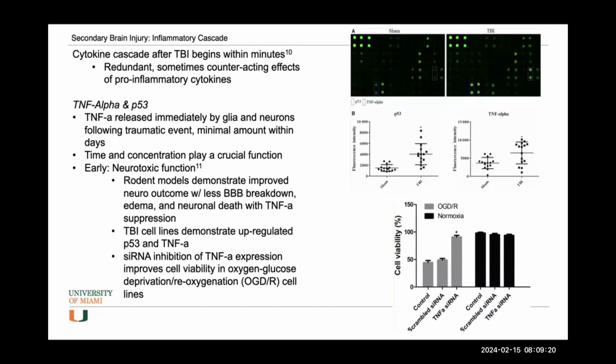So in cells that undergo oxygen glucose deprivation and reoxygenation injury, similar to focal ischemia after a traumatic brain injury, those cell lines actually demonstrate greater viability at a delayed interval if you use small interfering RNAs to inhibit the expression of TNF alpha, similar to controlled cell lines.